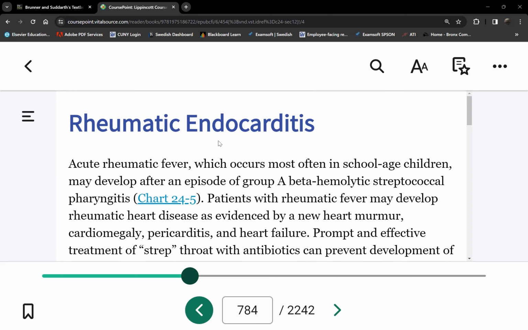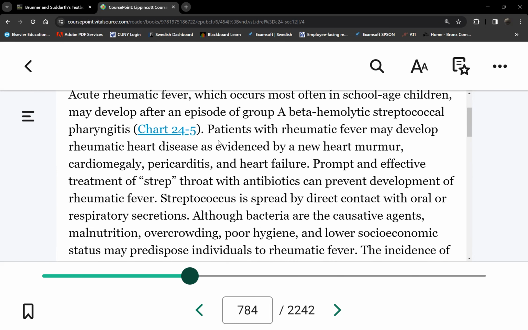Do we have rheumatic endocarditis today? Yes, but not as much as the different generation. Okay, because during their generation we didn't know much about strep throat. We just said, oh, strep throat, that's a common sore throat, but we didn't know until modern medicine came that this was actually what's causing the rheumatic endocarditis cases.